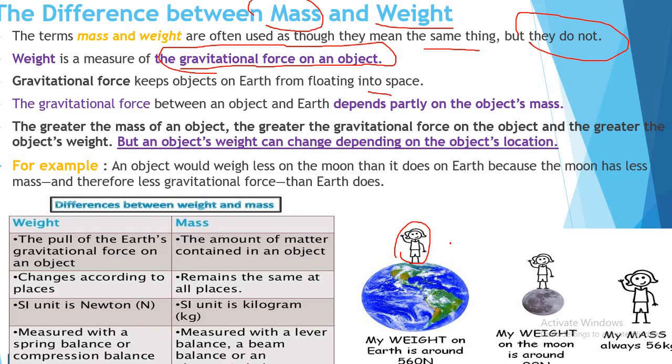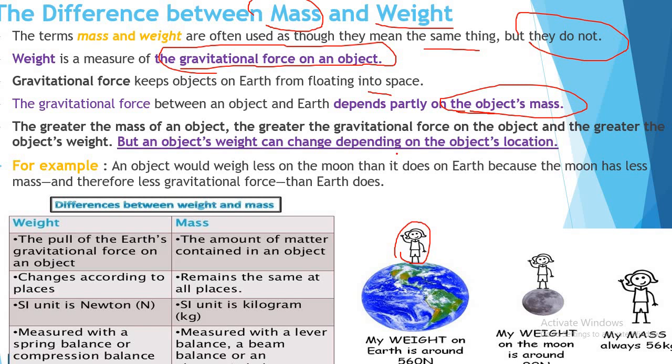Gravitational force between an object and Earth depends partially on the object's mass. The greater the mass of an object, the greater the gravitational force on the object.